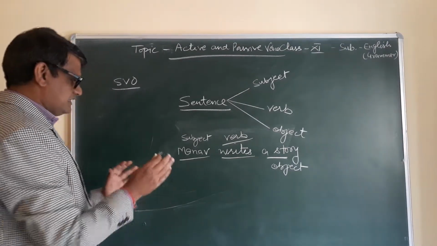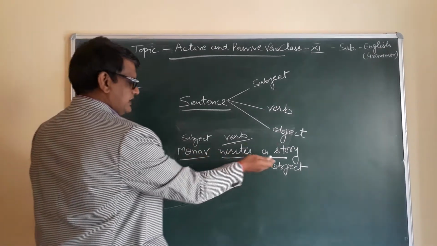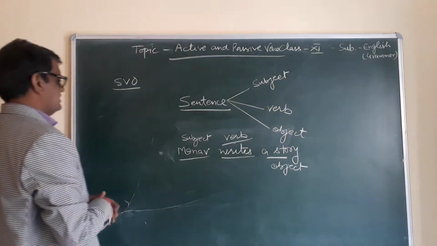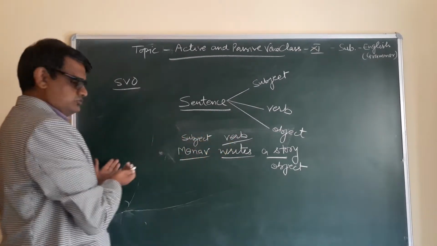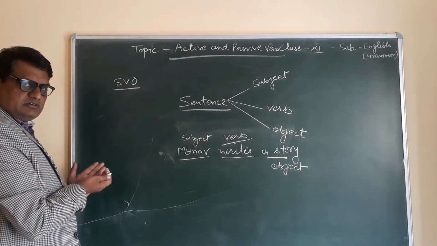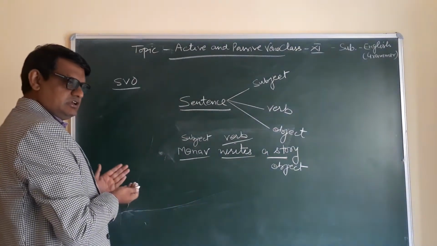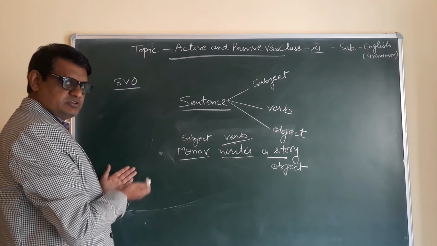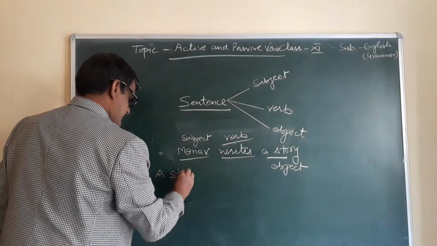We have already identified them in this sentence. After that, convert the object into the subject. Write the object at the beginning of the sentence to create a new sentence. Yes, a story.